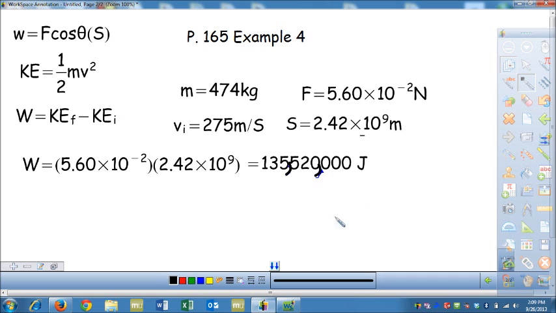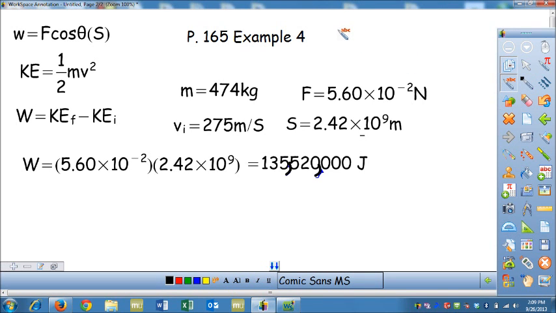Okay, that's our work. So that's got to be our change in kinetic energy. And what are they asking us for again? Let's determine the final speed. So let me just write that down so I can keep track of it. V final equals question mark. Okay, that's what we're trying to find out.